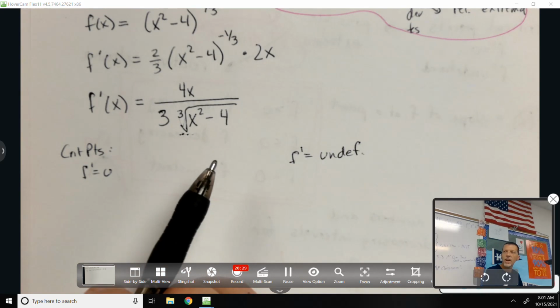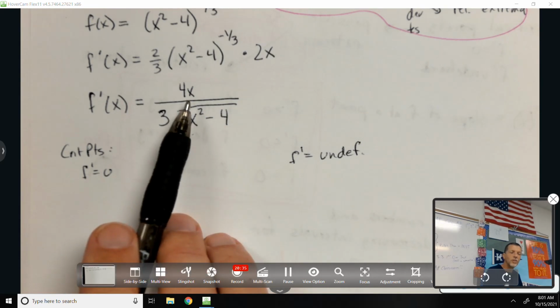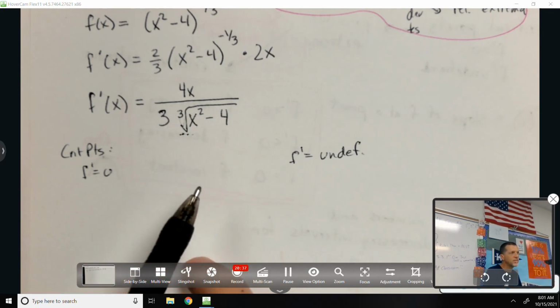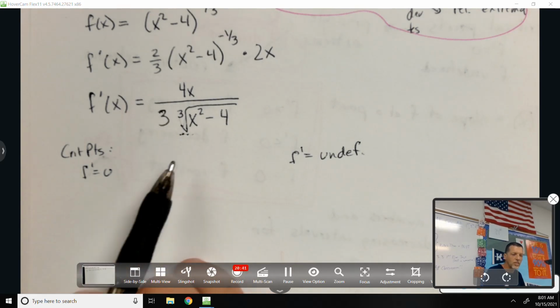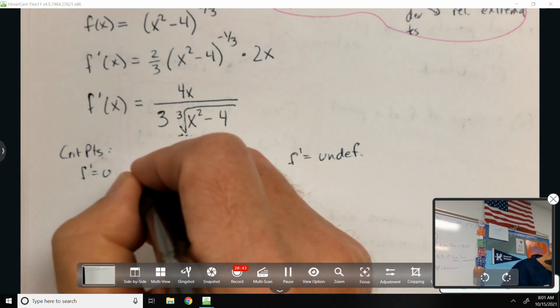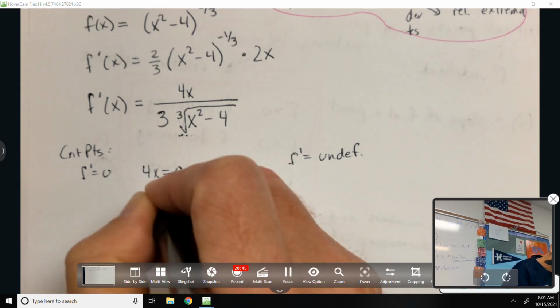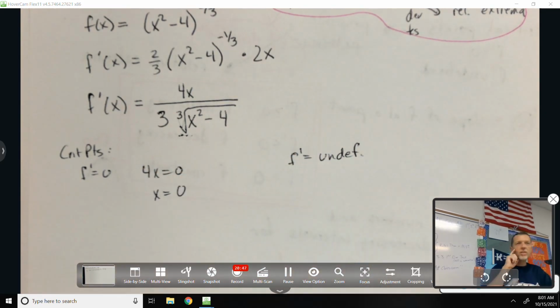What value of x would make my derivative 0? First, are we looking at the top or the bottom? The top. The top would make a fraction 0. So x equals 0. All right, divide both sides by 4. It's early.